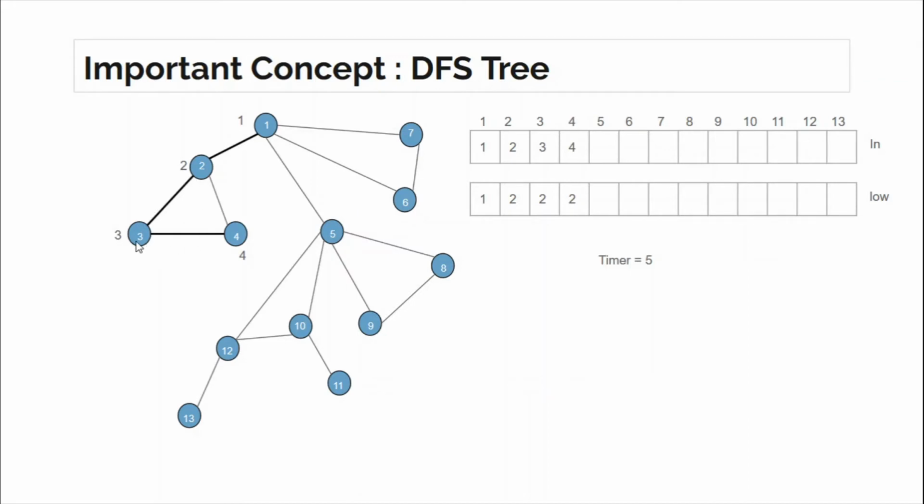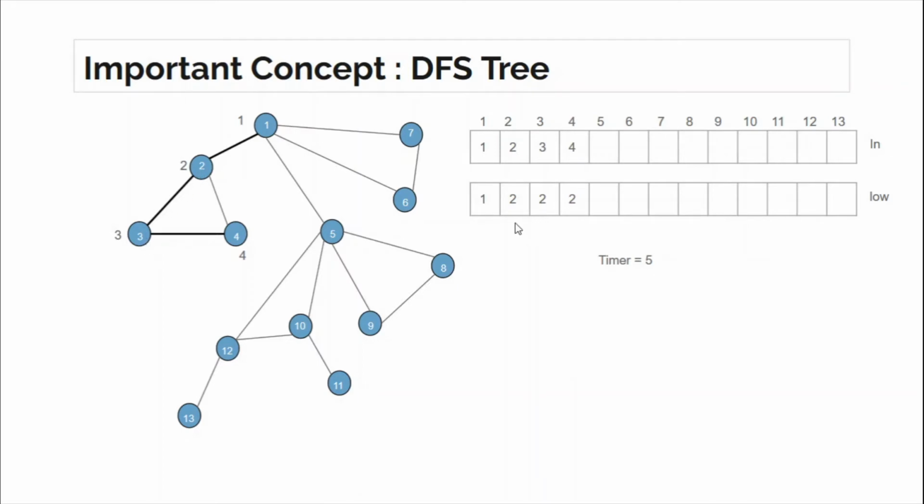Now the work of node 3 is completed, so it would backtrack to node 2. Now node 2 will check whether its subtree, the subtree rooted at node 3, would survive or not. For that, you would see the low time of node 3.